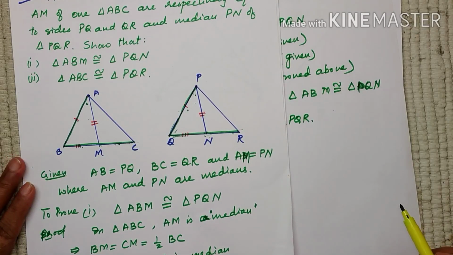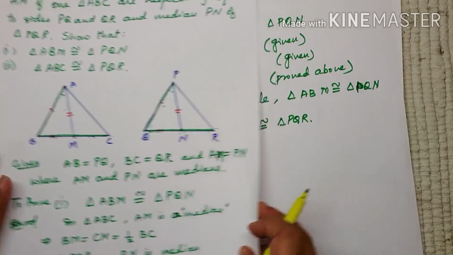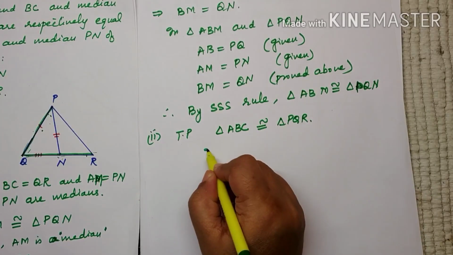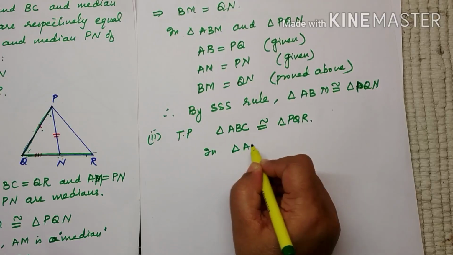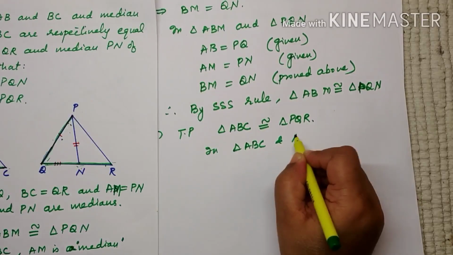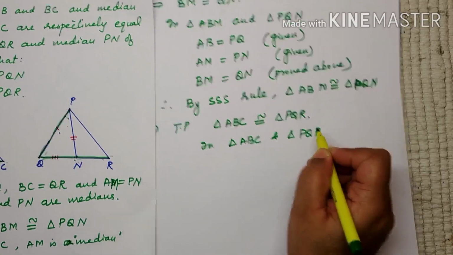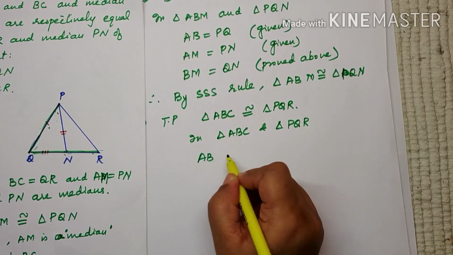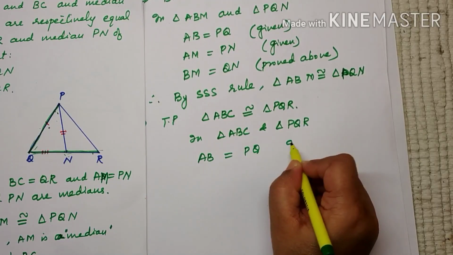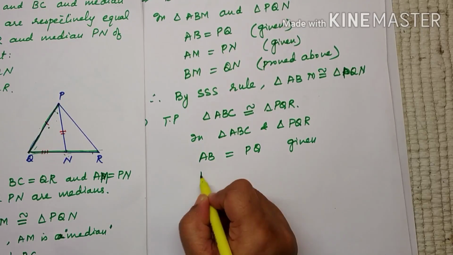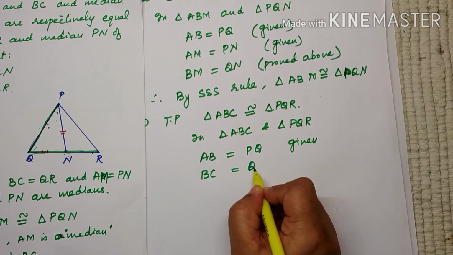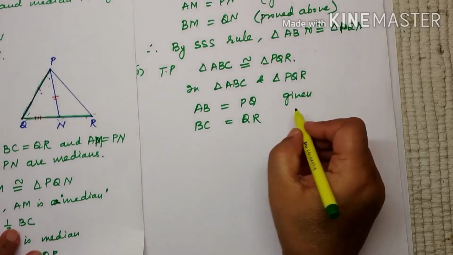We have the two sides. And in order to prove these two triangles congruent, let us first write down what is given. In triangle ABC and triangle PQR, we have AB equal to PQ because it's given. Then we have side BC is equal to QR again because it's given.